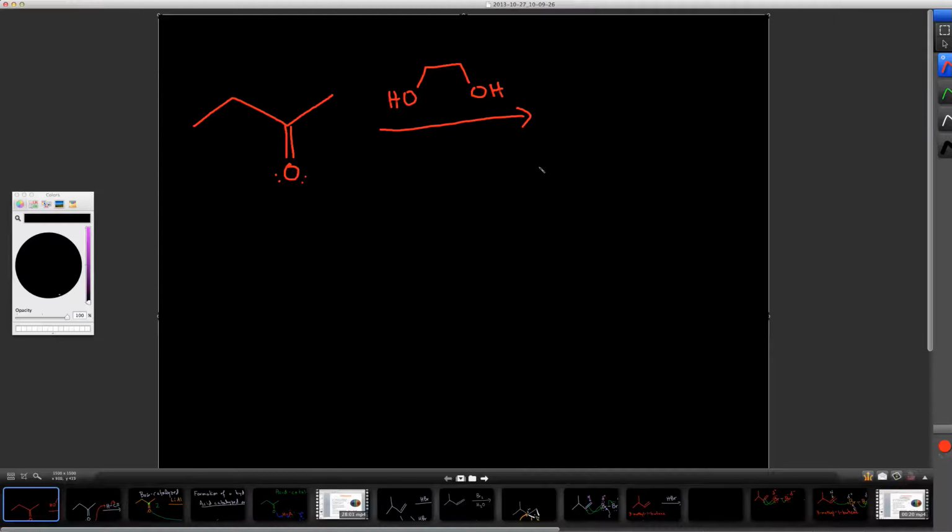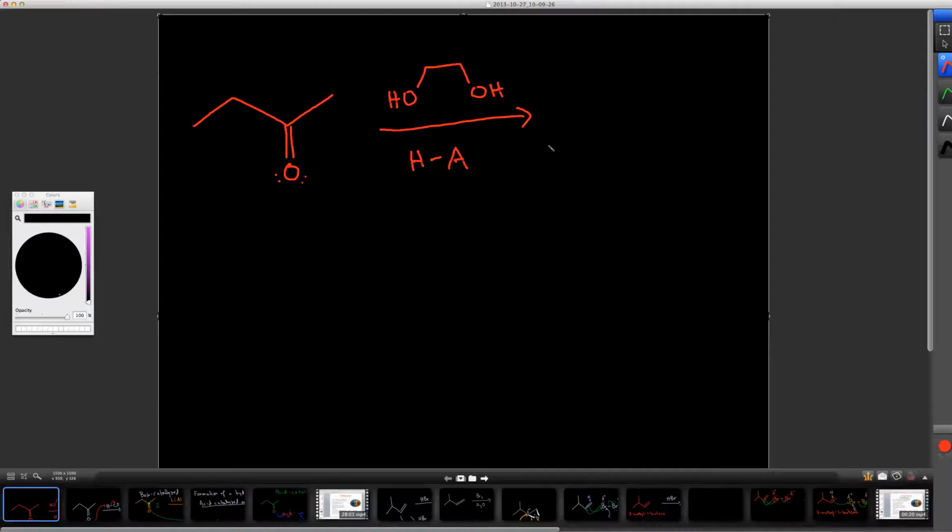Any of those three names would apply. This is a weak nucleophile, so of course I need a strong acid catalyst. So let's look at how this is the same in terms of what we've been discussing, and then what makes it a little bit more difficult.